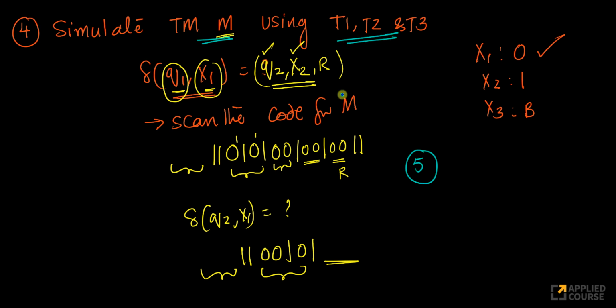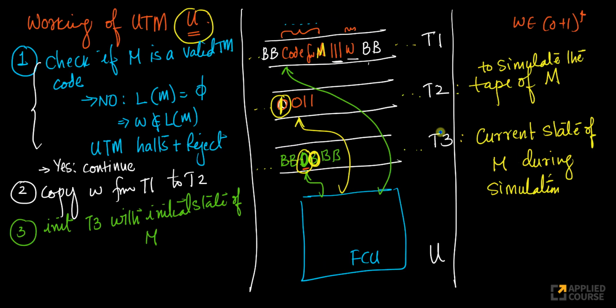It's very simple. Now, if M accepts W, what does that mean? It means by reading W, if I reach a final state, I know what the final state is here, right? The final state always, by default, is Q2. We already talked about it.